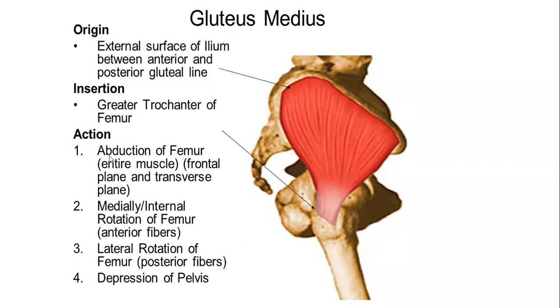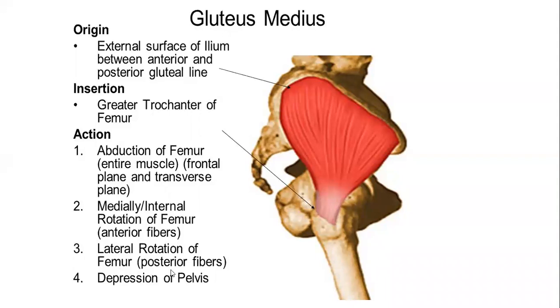Action. It is an abductor of the thigh at the hip joint and mainly a medial rotator of the femur, though some fibers may also be involved in lateral rotation, right? Secondly, it depresses the pelvis. Now, please remember this action.